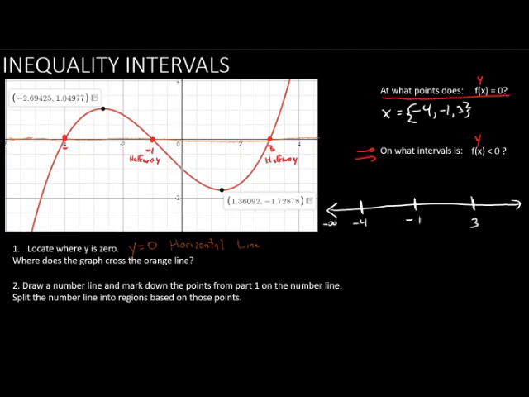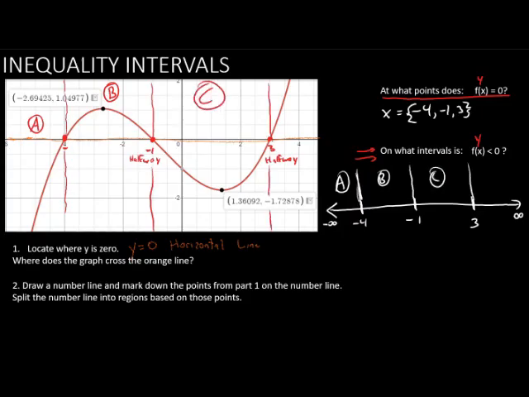We'll also place -infinity and +infinity on the left and right. Therefore, everything between -infinity and -4 we will call region A. We'll mark that on the graph as well. Everything between -4 and -1 we'll mark as region B, and we'll mark that on the graph too. Everything between -1 and +3 we'll call region C. And then everything from 3 to infinity on the right side we'll call region D.